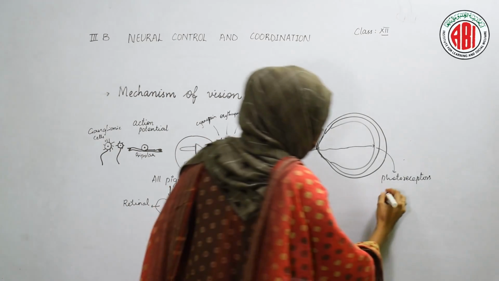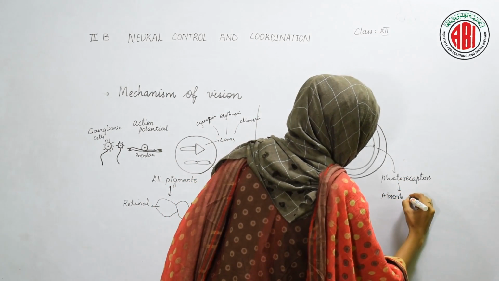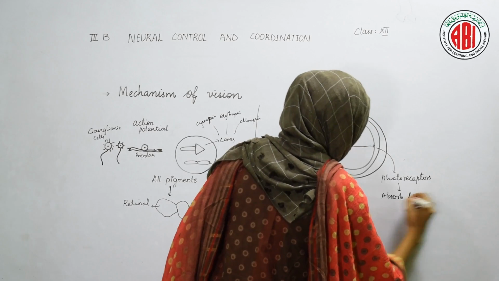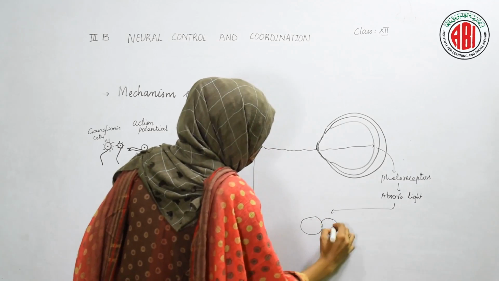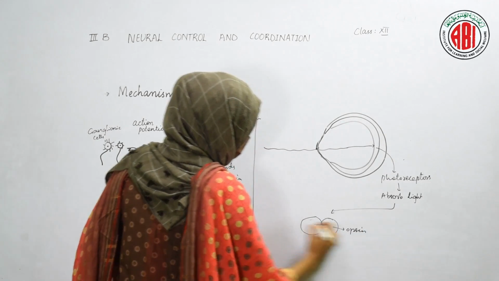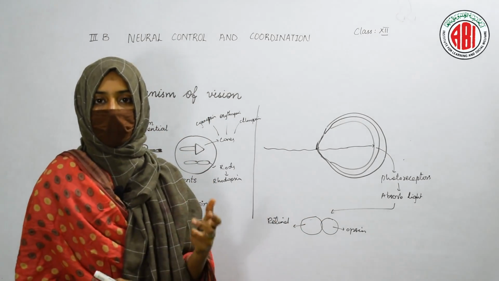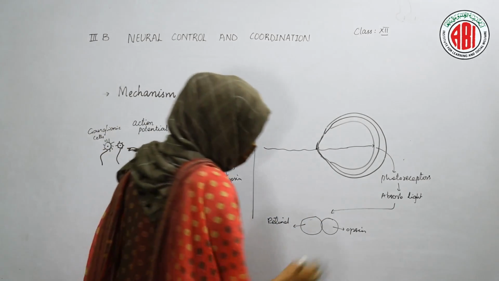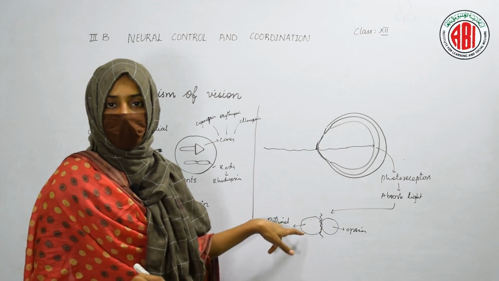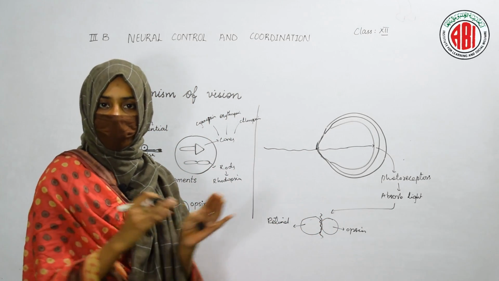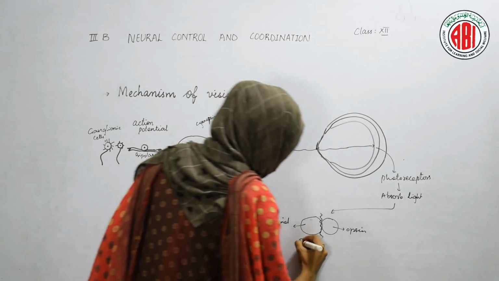Due to the absorption of the light, the pigments will split. The pigment contains opsin as well as retinal in its structure. When the pigments receive the light, the bleaching of the protein and retinal takes place, the separation of the substance and the protein, which is called bleaching.